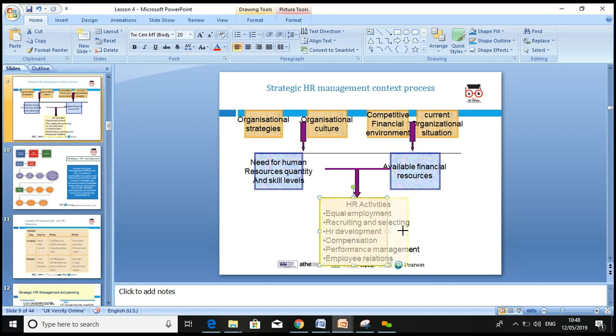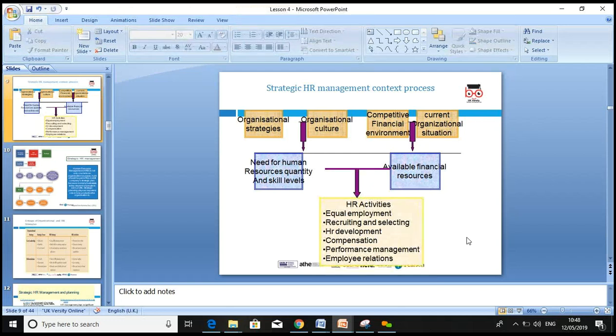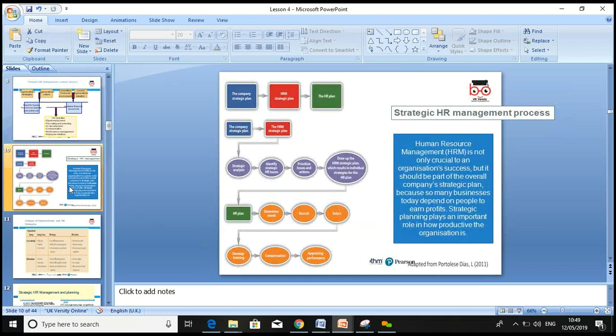And HR activities: we need to make sure our HR activities are in line with the overall equal employment, recruiting and selecting policies, HR development, compensation, performance management, and employee relationships, so the strategic human resource context process. That needs to be contextualized with the overall organization mission and vision.